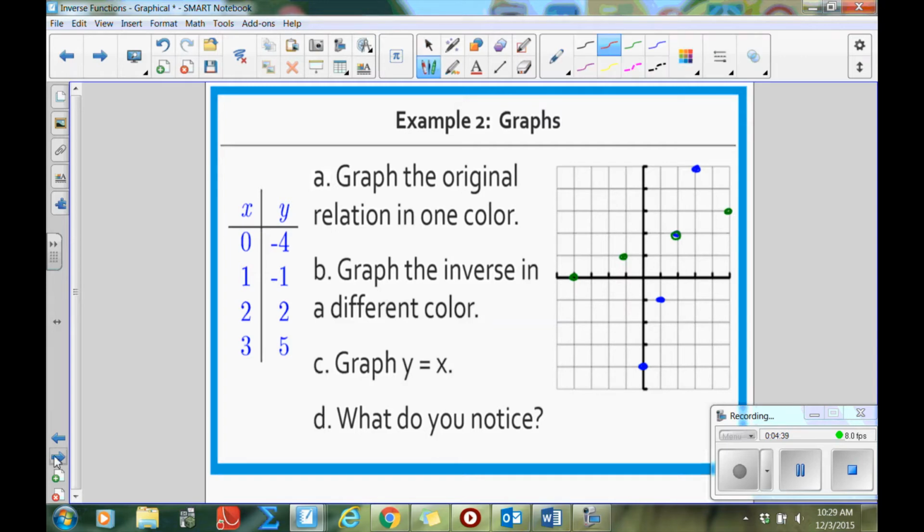That is the line where the x and y coordinates match. 0, 0, 1, 1, 2, 2, 3, 3, 4, 4, 5, 5, -1, -1, -2, -2, -3, -3, -4, -4, -5, -5. That's your y equal x line. And just graph that line. And what you should notice is that the y equals x line is the line of symmetry between the inverses.